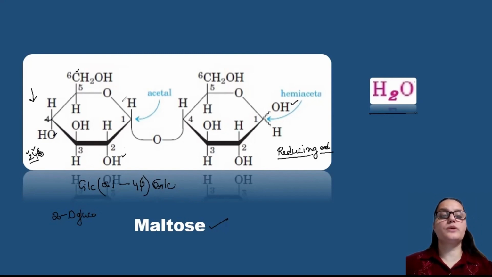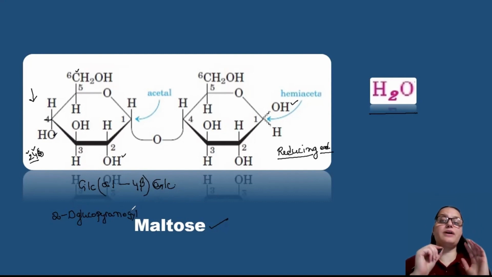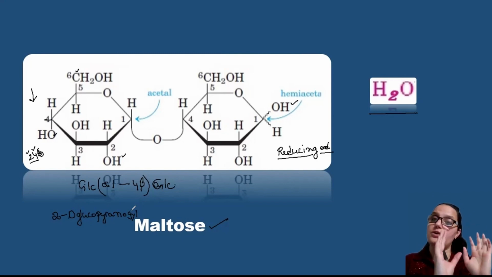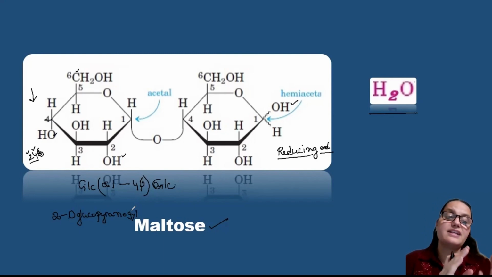Now, which ring is this? Is it a furanose ring or a pyranose ring? This is the pyranose ring. So I will write glucopyranose. If I would have written the name of the cyclic glucose, I would have written it as alpha D glucopyranose.